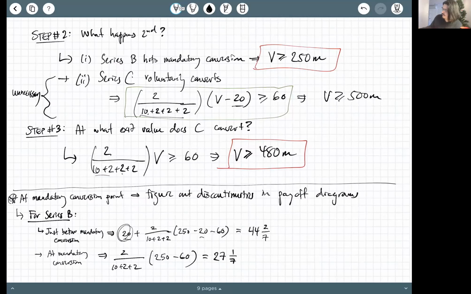And so if you look at the difference between these two payoffs, what this is saying is at 249.9999, an arbitrary number of nines, million in exit payoff, Series B was getting 44 2/7 million. The moment you hit 250, their payoff falls by 17 1/7 million to 27 1/7 million.